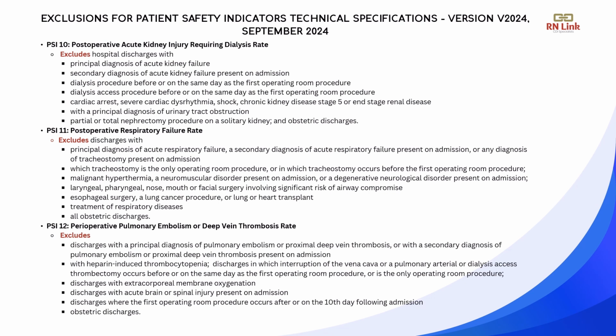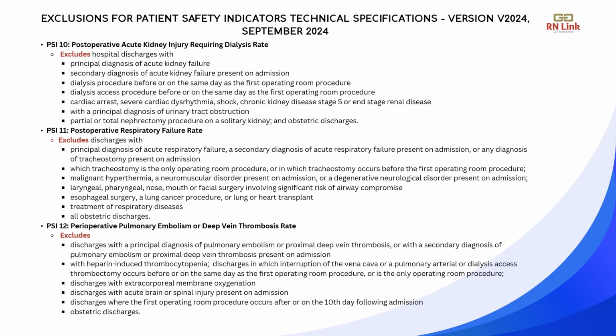Excludes hospital discharges with principal diagnosis of acute kidney failure. Secondary diagnosis of acute kidney failure present on admission. Dialysis procedure before or on the same day as the first operating room procedure. Dialysis access procedure before or on the same day as the first operating room procedure.